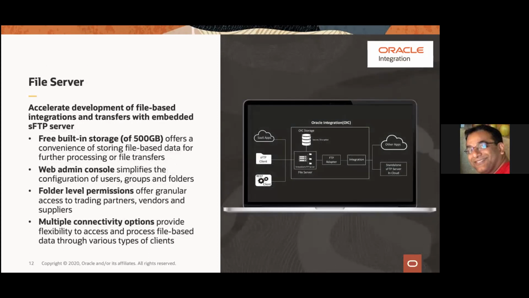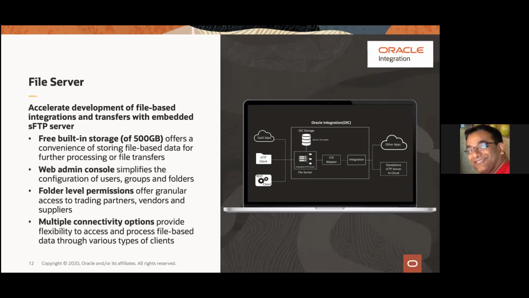One of the things that I wanted to talk about is also we have an embedded file server within this particular product. So if you need to generate files and make them available in an SFTP server, or you need to provide an SFTP endpoint for others to send files to you, well, there is a 500 GB built-in file server, which is sort of free of cost.